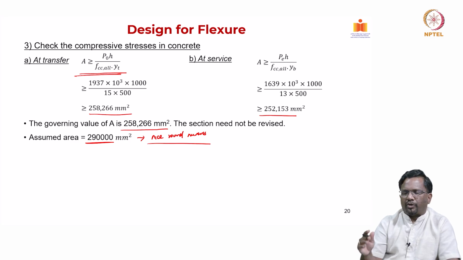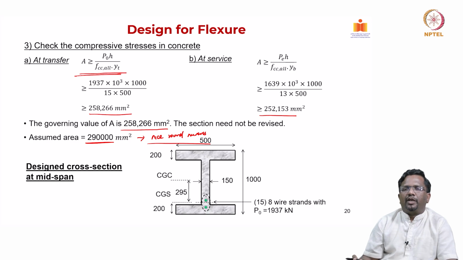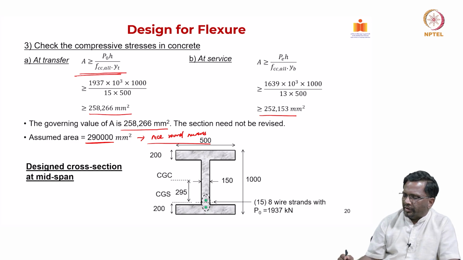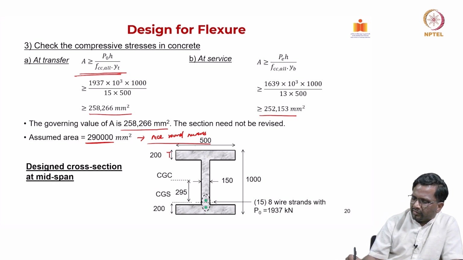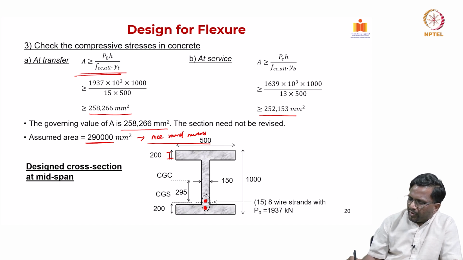So I wanted to keep it 500 by 200, nice section. So this is the section that we have come up with. You see 500 mm flange width, the thickness of the flange is 200, and I put 2 tendons in such a way that your average eccentricity is at a distance of 295, okay, from the CG.